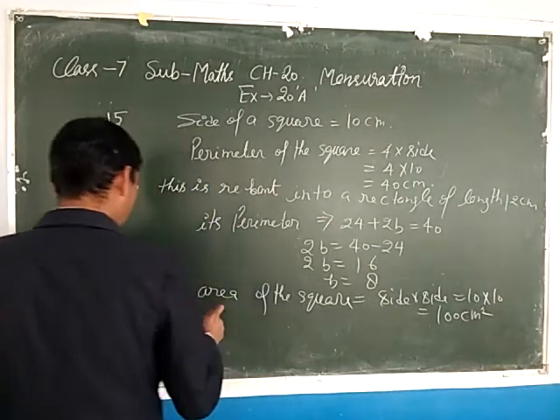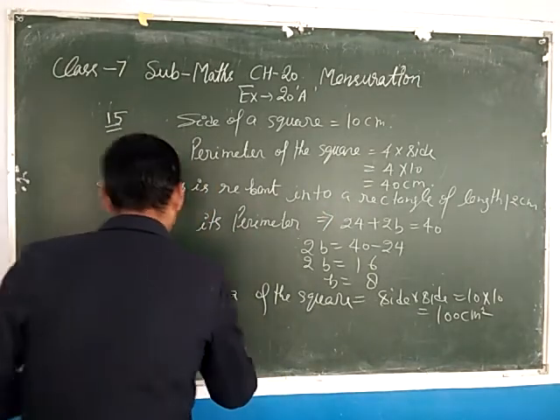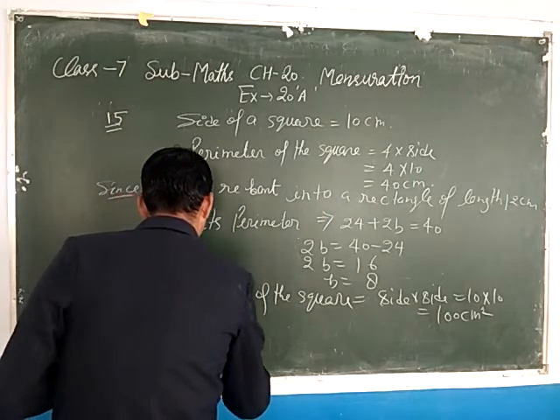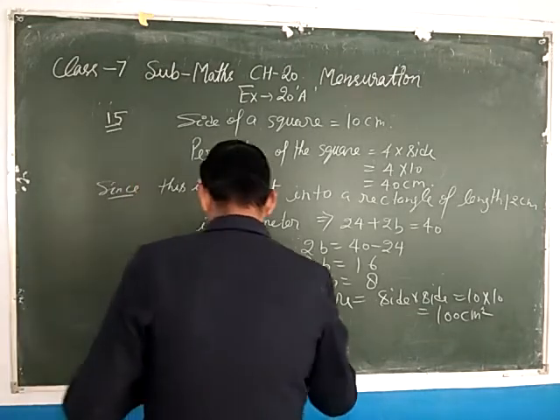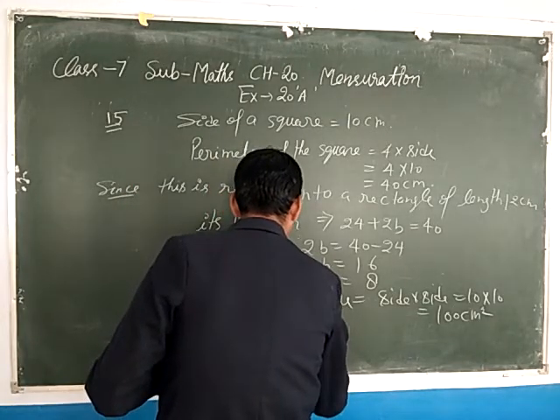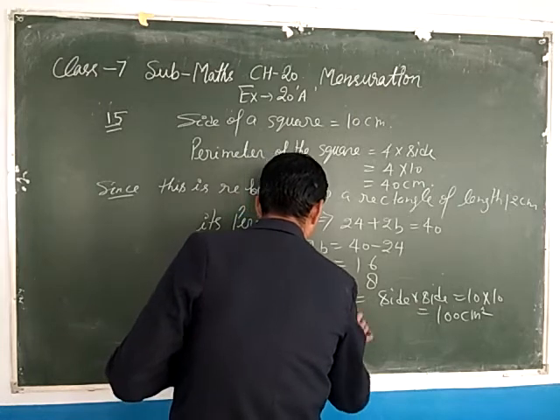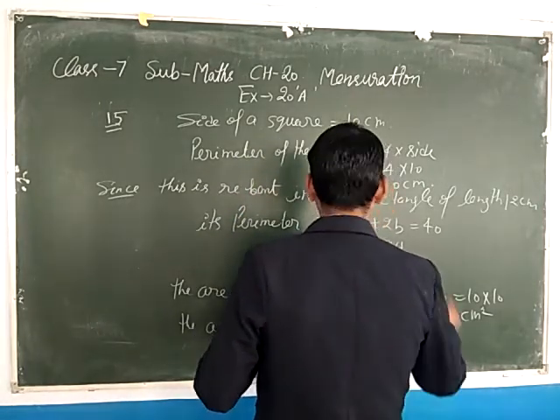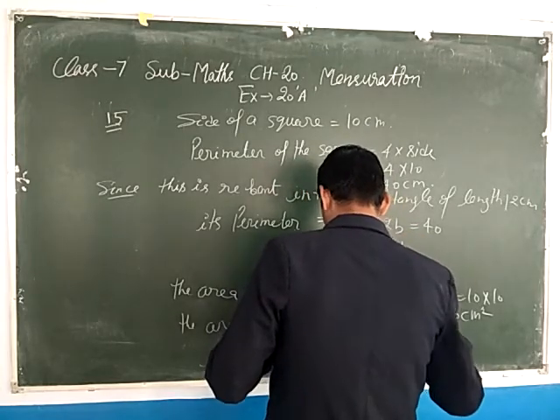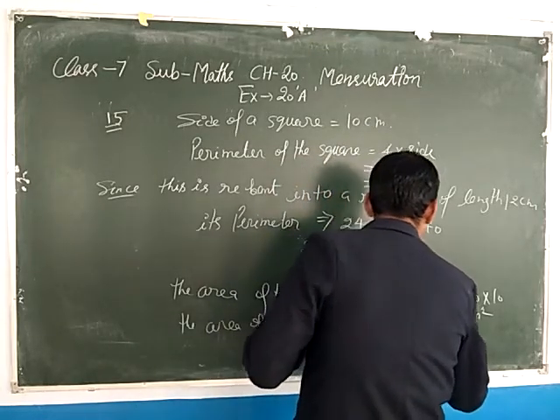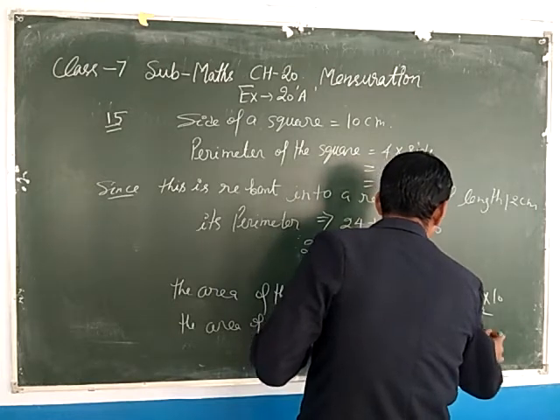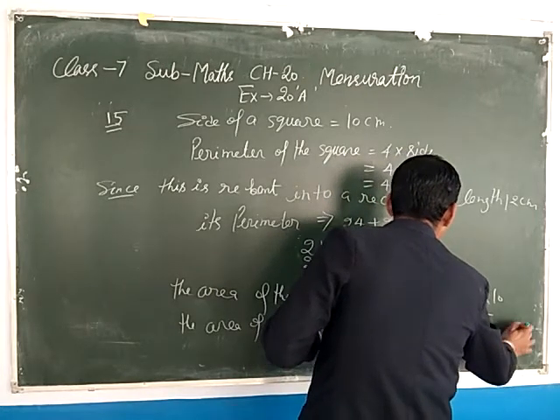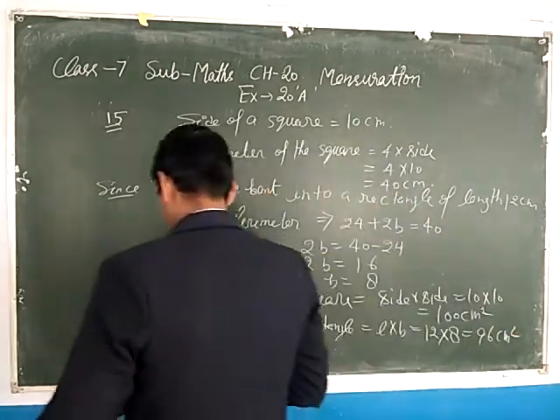As it is, the area of the rectangle equals length multiply breadth, and you know very well length is how much? 12 and breadth is 8, and 12 eights are 96 centimeter square.